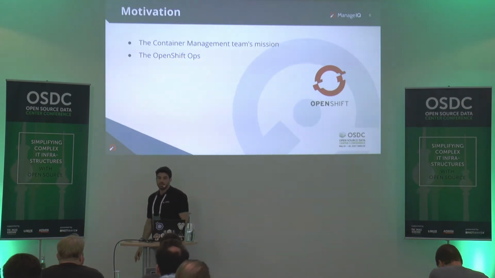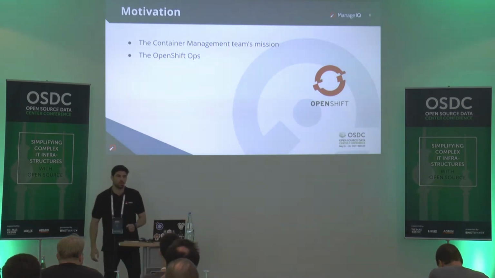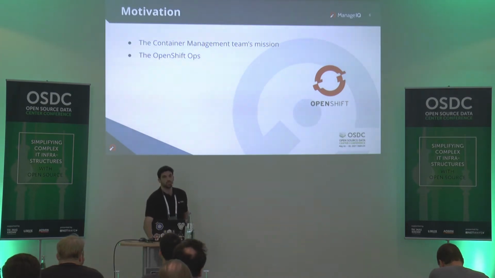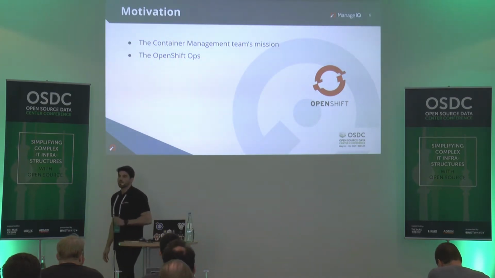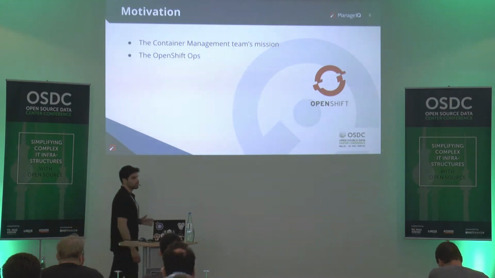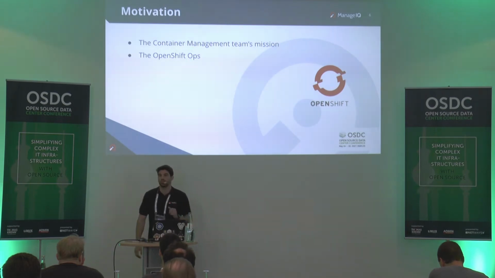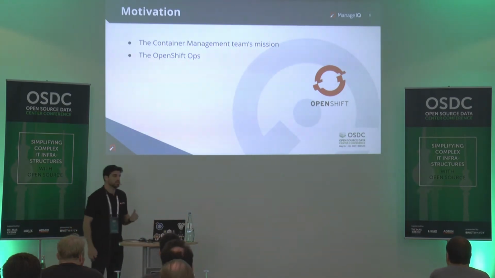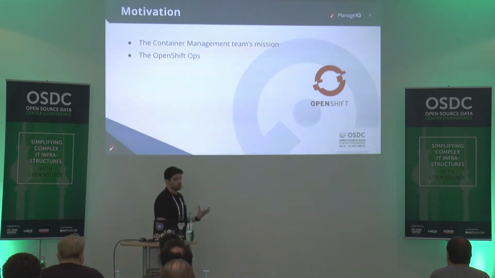There is an inner team at Red Hat, which is called the OpenShift Ops team. It is responsible for managing a large number of OpenShift clusters for paying customers. Usually these customers want to enjoy the benefit of running container-based or OpenShift clusters without the overhead of managing these clusters.